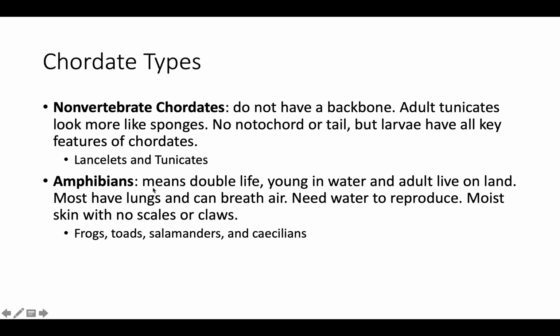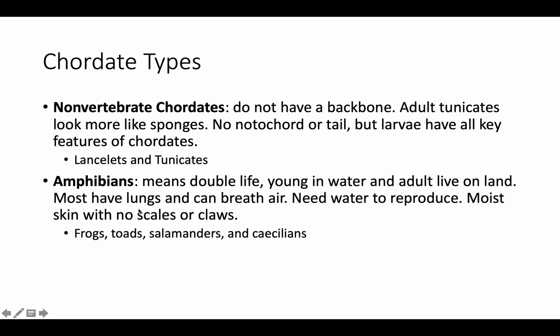Now the word amphibian means a double life. And that comes from the life of being able to live in water and land. You think of a frog. When their eggs hatch, they hatch in water. They're tadpoles, they grow, and then eventually they can move out of water and onto the land. First they'll start with gills, then they will develop into lungs so they can breathe air.